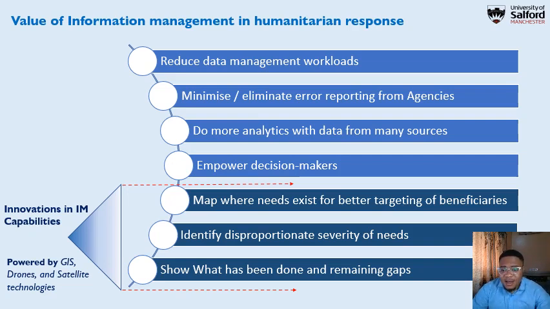The last three shown on the screen represent new innovations in information management in the humanitarian space, and are powered by advances in geographic information systems, called GIS, drone and satellite technologies, which now allow information managers to do more with data in terms of understanding how they can support humanitarian response.